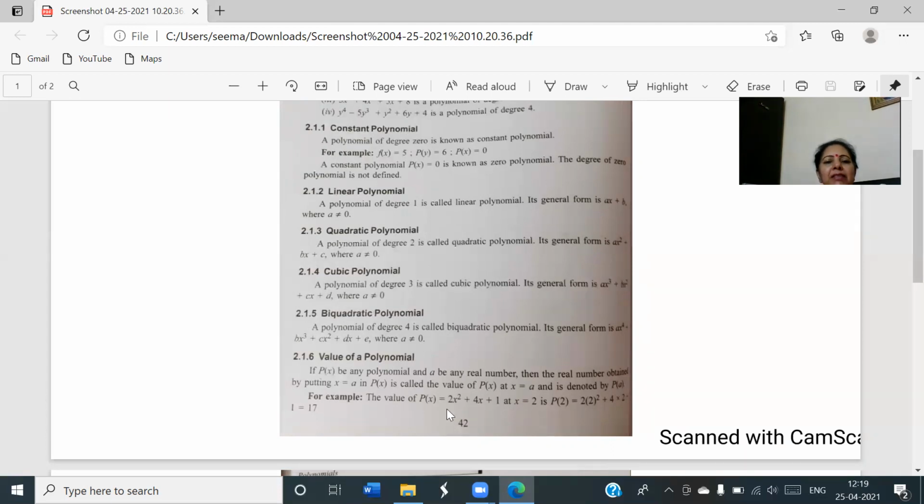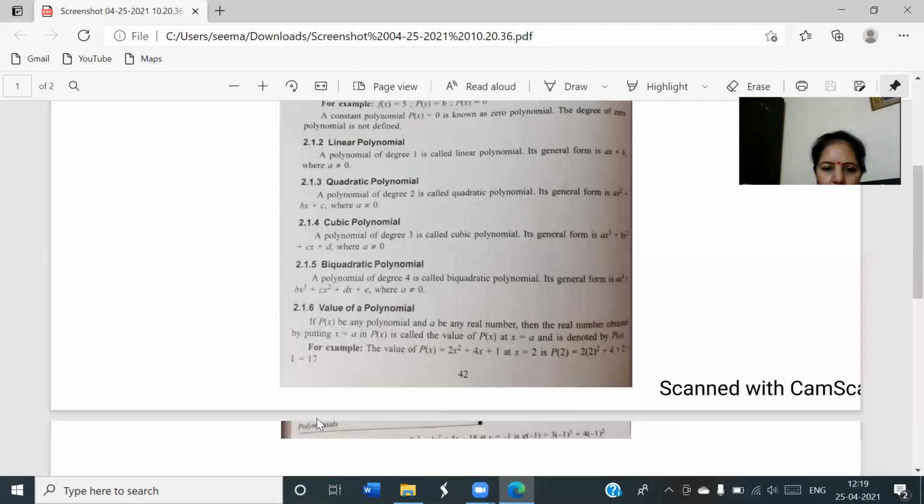It means we have to replace x by 2. So p(2) equal to 2 times 2 square plus 4 into 2 plus 1. By simplifying, we get 17, which is called the value of the polynomial.